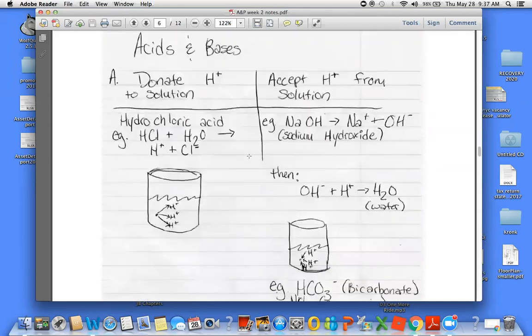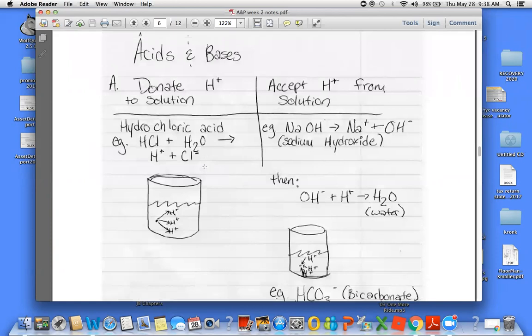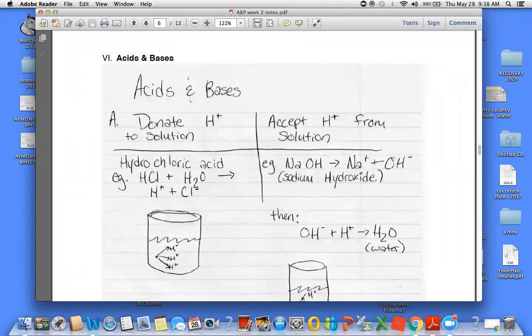If you look on page 53, figure 2.10, excuse me, yes, figure 2.10. Sorry about that. Acids and bases are chemicals that either donate or accept hydrogens from solution.